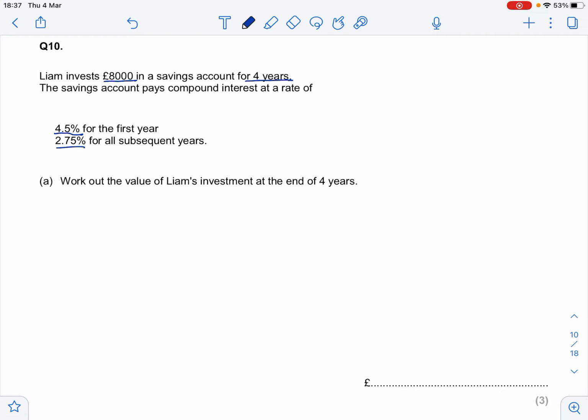So let's find the value at the end of year 1. Remember, this interest means percentage increase. For percentage increase, we start from 100%. We add 4.5%, which is 104.5%. Then we convert this into our decimal multiplier by dividing by 100.